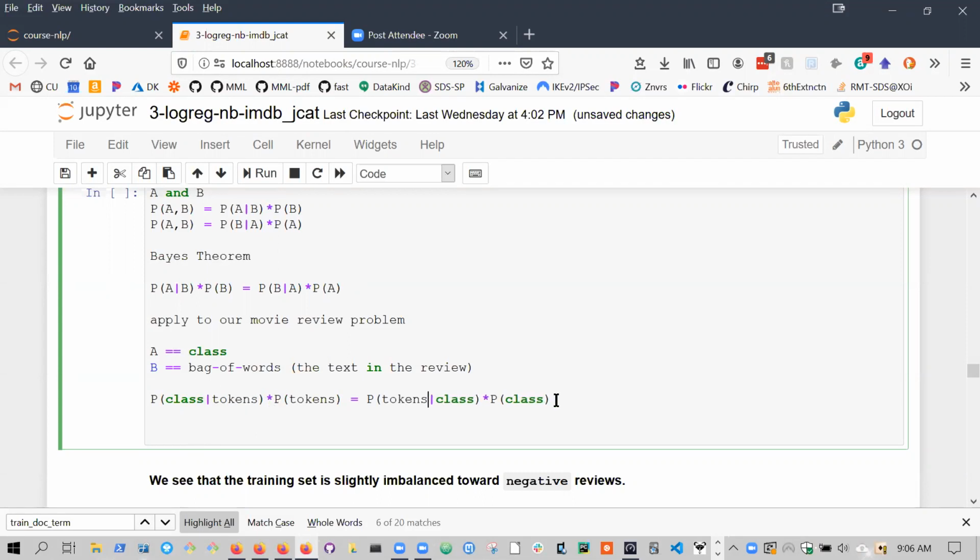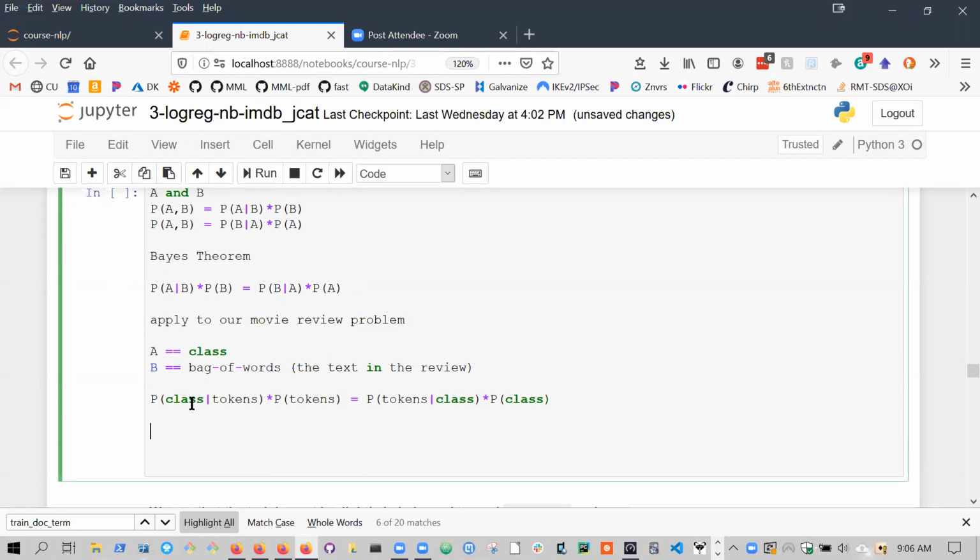What I'm after is to compute P of class given tokens, so let me get that by itself on the left-hand side. I'll divide through by P of tokens, so P of class given tokens is equal to this stuff divided by P of tokens.